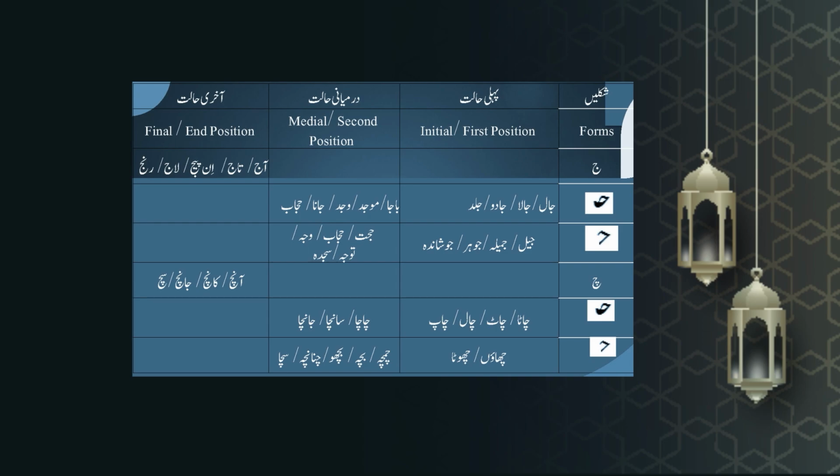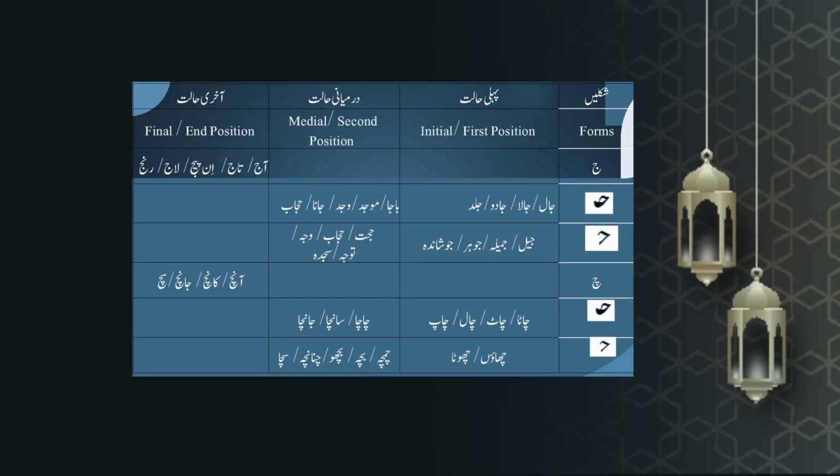In the fourth column आखिरी हालत, final or end position of the word, because in Urdu, Arabic, Farsi, Kashmiri we use short forms of alphabets. So we have to see where these short forms are used, with which alphabet, and in which form they turn.